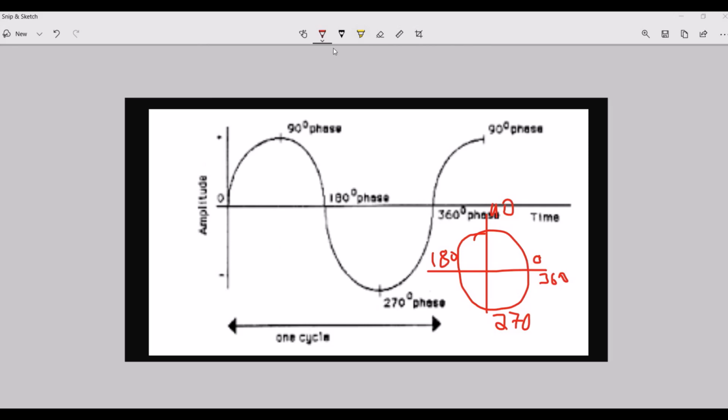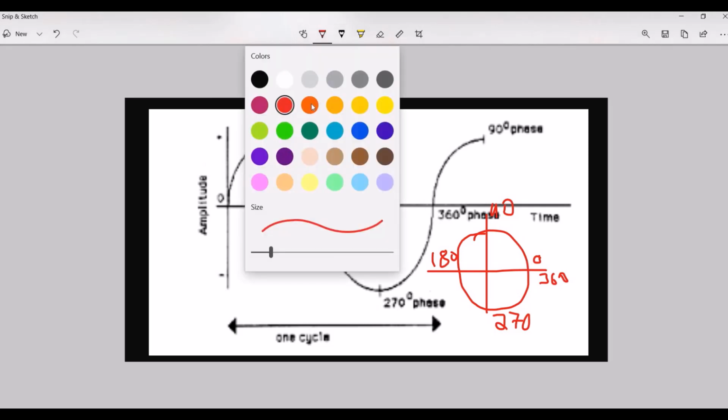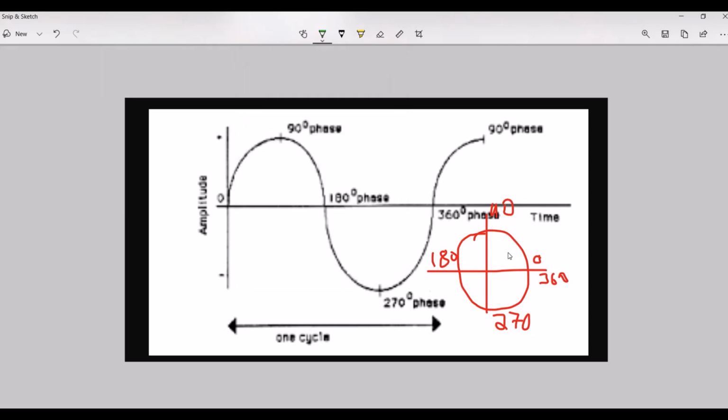Then here the wave starts from this point, and it goes up to this 90 degree.